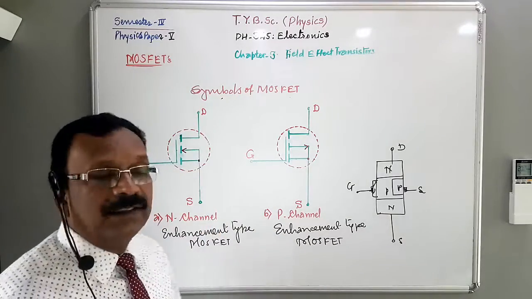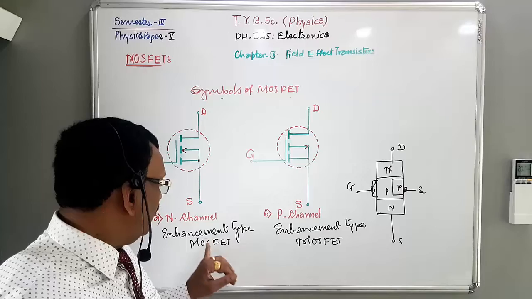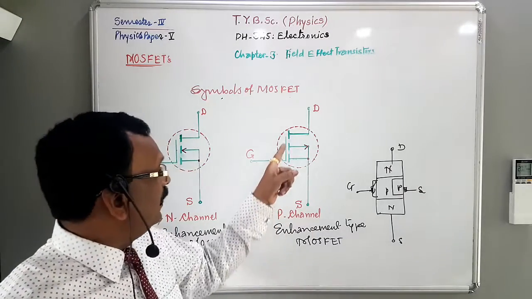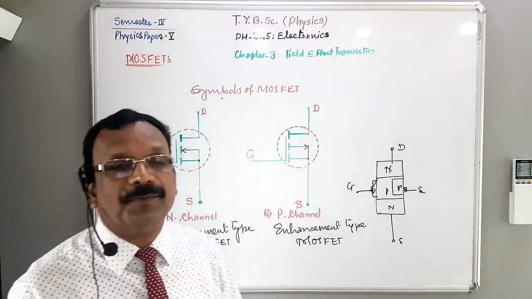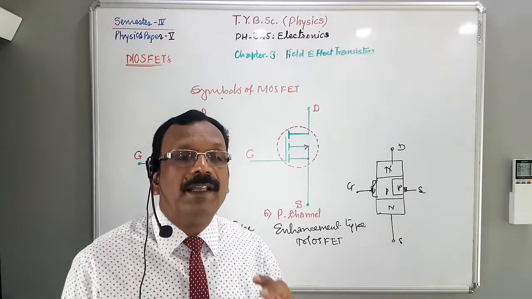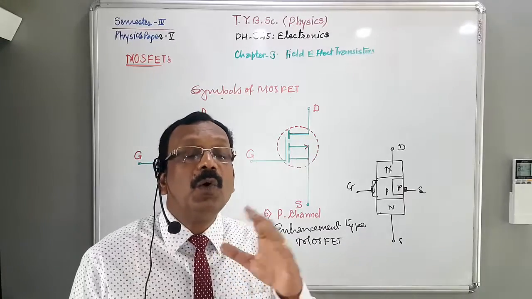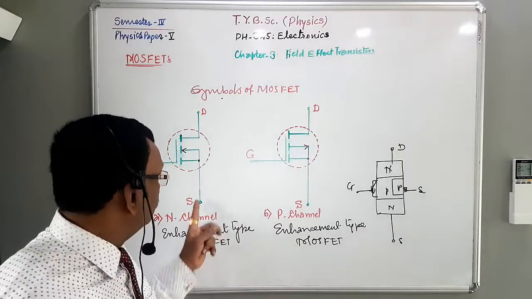The first figure A represents the circuit symbol of N channel enhancement type MOSFET. This is a broken line, not a continuous line. The broken line represents that there is no conducting path, no conducting channel between drain and source.